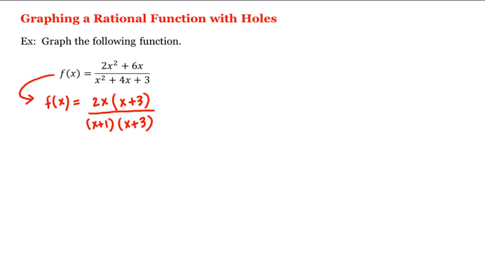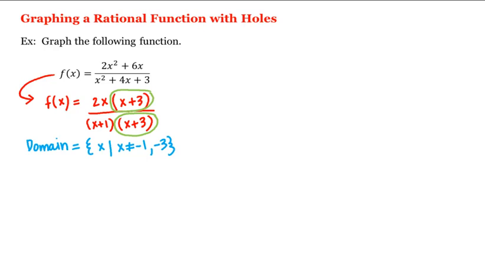Now let's notice a few things about this function. Its domain is the set of x values such that x is not equal to -1 or -3, because then we'd be dividing by 0. But moreover, f does have common factors, which means it's not in simplest form.